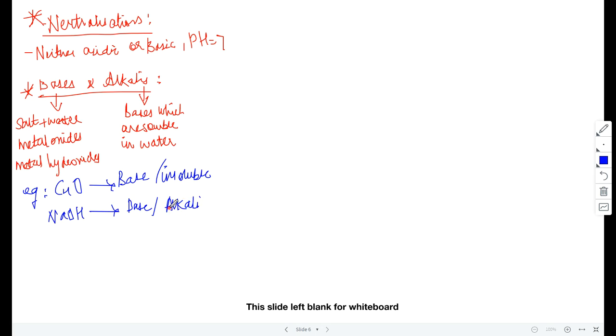Okay, it is a base as well as an alkali, only because NaOH is soluble in water. Now we have only little time left.